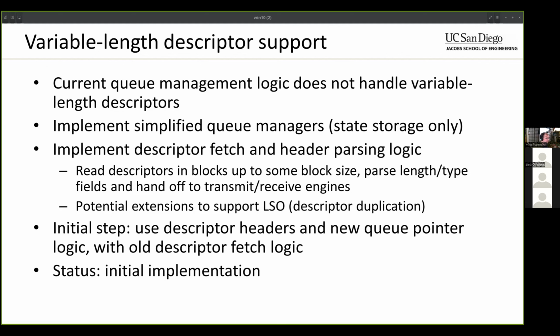So that's definitely something that might be interesting to take a look at, and that we can take into consideration when implementing the changes required for variable length descriptor support, and roll in the queue pointer write back and whatnot at the same time.